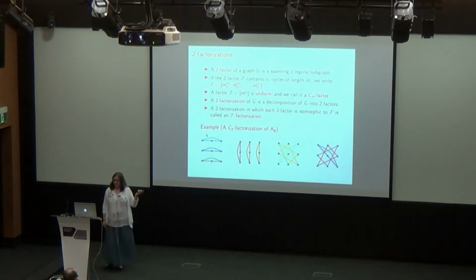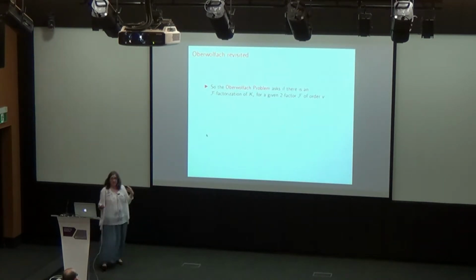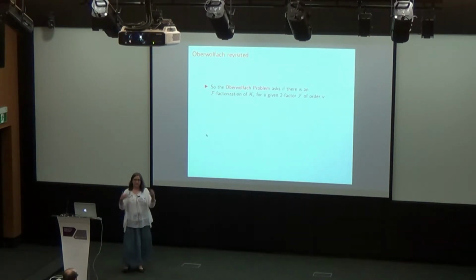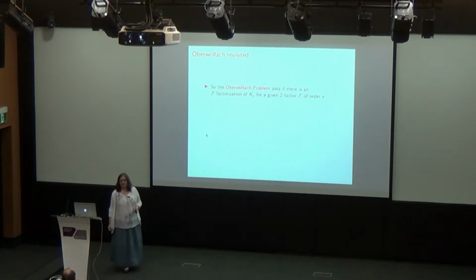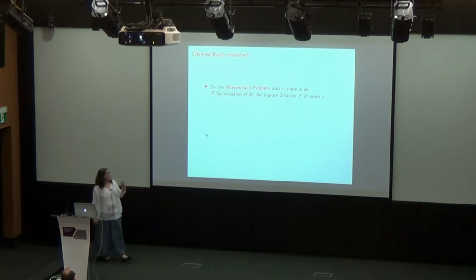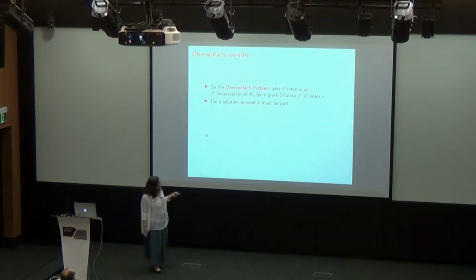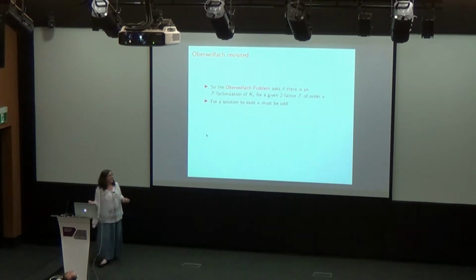All right, so what the Oberwolfach problem is really asking is, if I give you a two-factor F of Kv, can you find a two-factorization of Kv where each of the factors is isomorphic to F? And it's not too hard to see that for such a solution to exist, v must be odd, so that the degree of the vertices in Kv is even.